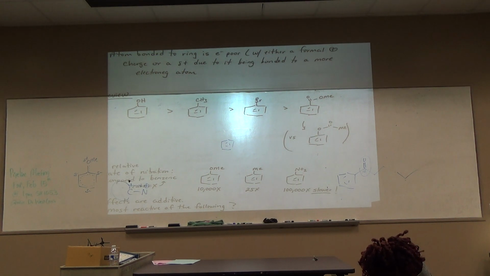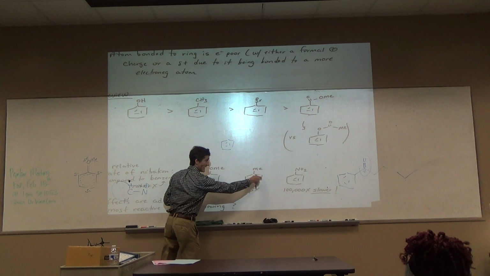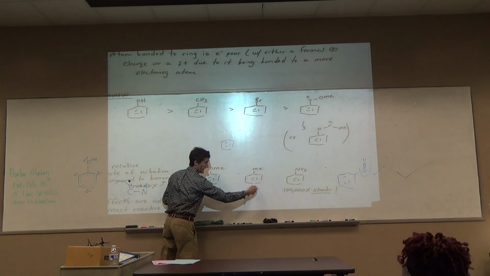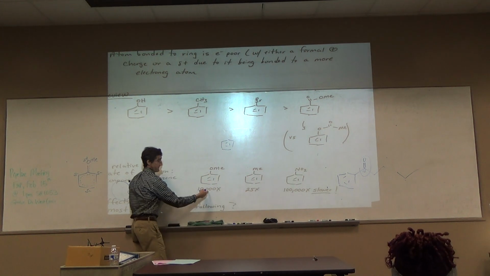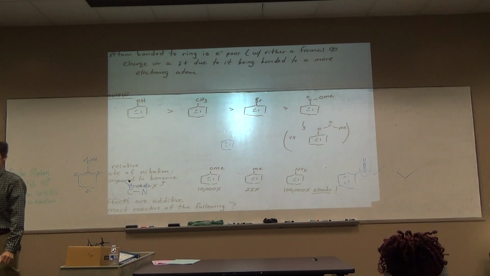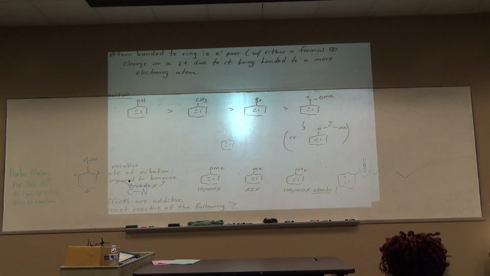Toluene nitrates 25 times faster. More reactive, but it's only mildly activated, whereas anisole is strongly activated. Anisole will nitrate without much of a catalyst and without much heat. Toluene may require more catalyst and maybe a longer reaction.